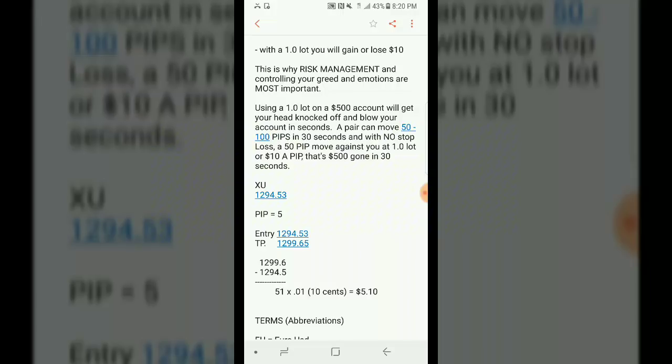You would take 1299.6, leave off the 5, minus 1294.5. That gives you 51. I basically did 96 minus 45. That's 51. Multiply that by 0.01 lot or 10 cents, and you get $5.1. That is your profit on a 51 pip move in gold.